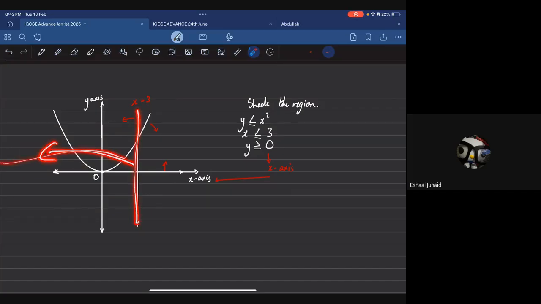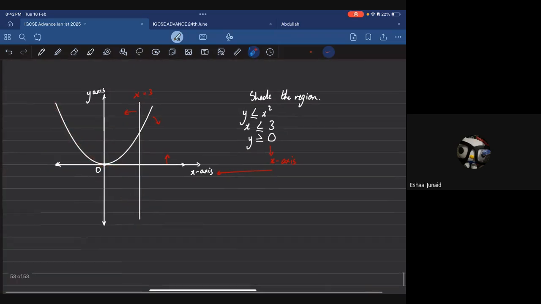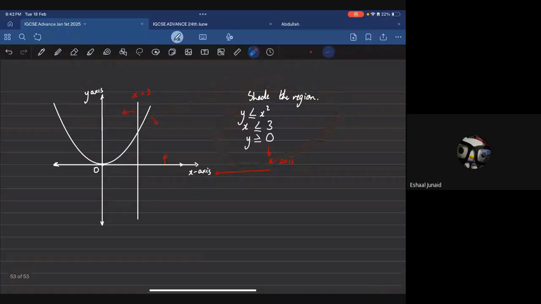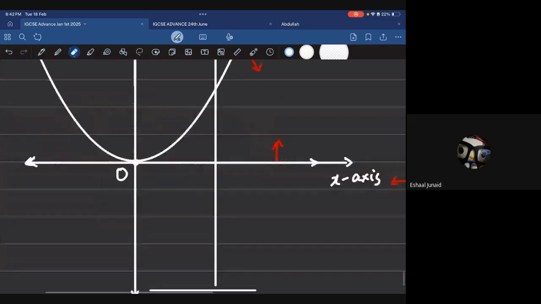And you have to shade below this curve. So, isn't this area qualifying as a region which can be shaded? Clear? Is this clear? So, the entire region that you're supposed to shade kind of looks like this. Not like this. That's hideous.